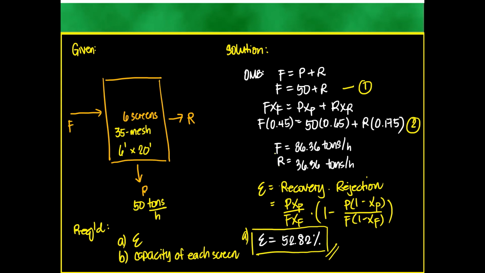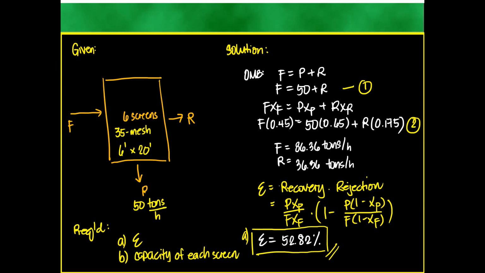Okay. Now, we were able to answer F and R. But the thing is, we haven't answered the capacity of each screen. I have an F, I have an R here. Which one should I be using to answer the capacity of the screen? The feed or the reject, sorry.